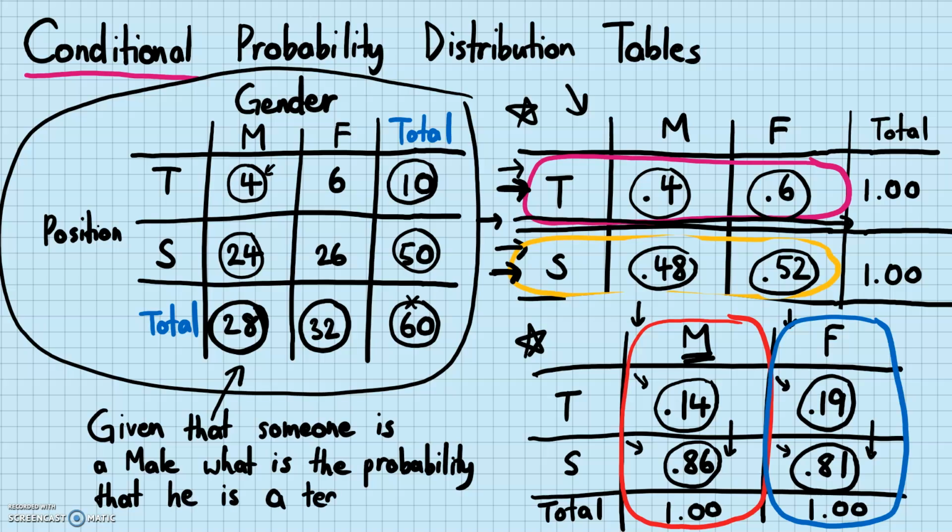Then which probability distribution table should you be looking at? It's given that someone is a male. So we're looking at males, right? So that means we have to look for something where they group the males together. Okay, so that would be this red section right here. Given that someone is a male, what is the probability that he's a teacher? And the probability for being a teacher is 0.14.